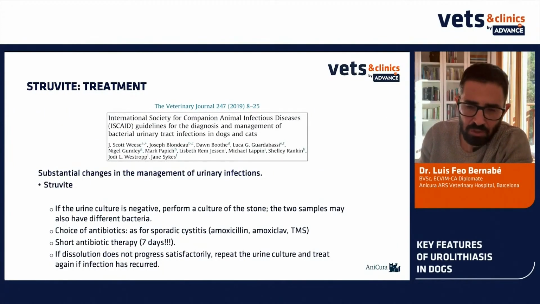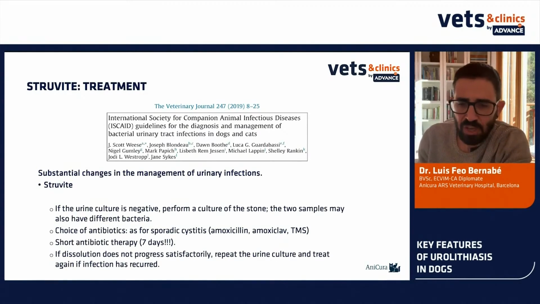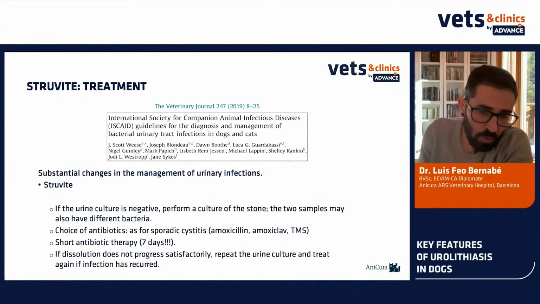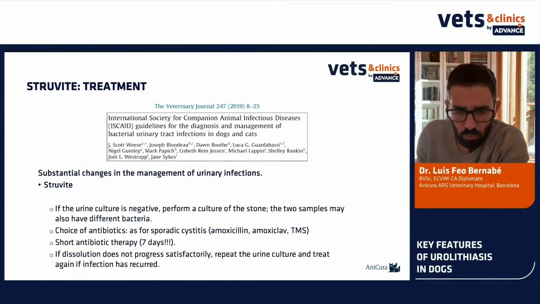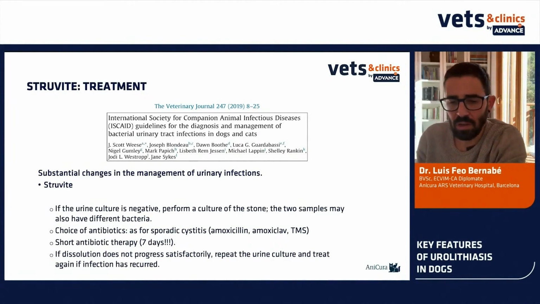As I mentioned a second ago, I think the guidelines for the diagnosis and management of bacterial urinary tract infection, which you can have online for free, are very interesting, and they have changed the management of these struvites a little bit. One of the recommendations, and we tend to do it always like this: if your urinary culture is negative, I will recommend to perform a culture of the calculi.